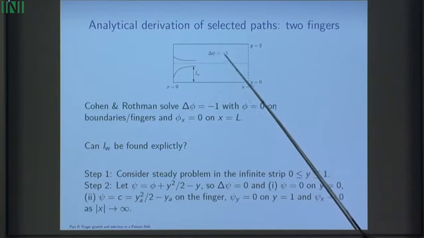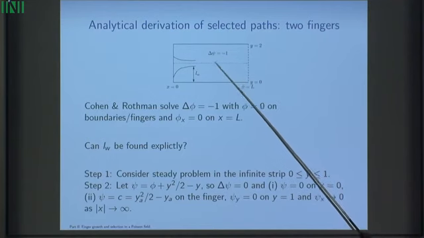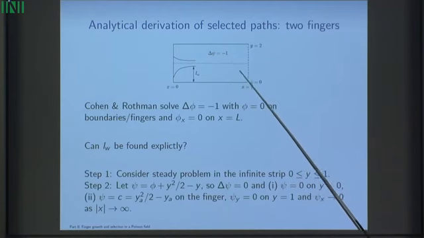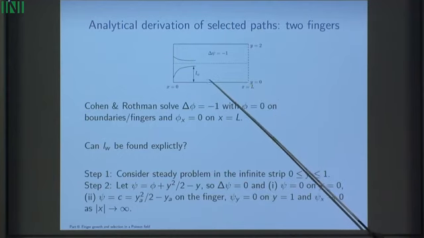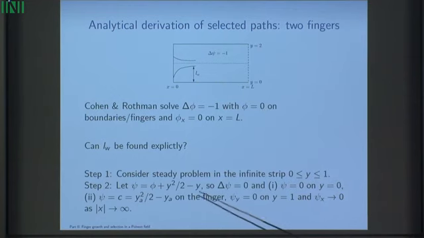So this is our problem, I've turned it on its side. We're going to solve Poisson's equation in the interior in a channel of width 2, but ultimately width 1. I'm going to assume symmetry. And our task is to find that distance there. That's what we really want to do. We're going to assume that these settle down, so it's a steadily propagating problem in the infinite strip, y between 0 and 1.